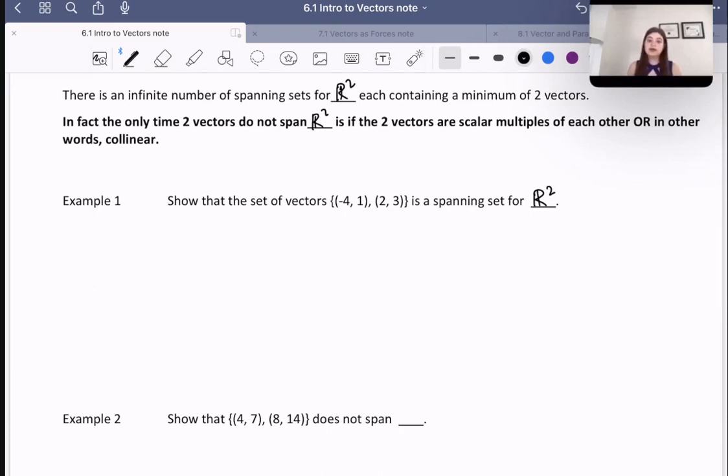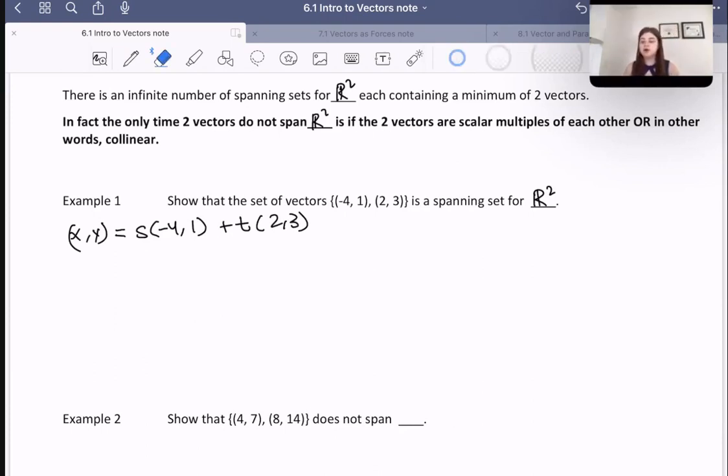If it is a spanning set, then (x, y) = s(-4, 1) + t(2, 3), or we don't have to use s and t, it could be a and b, you could use anything you want. Then there must be a formula for s and t that we can express in terms of x and y. So in other words, it can't be collinear. We have to show that this is not collinear.